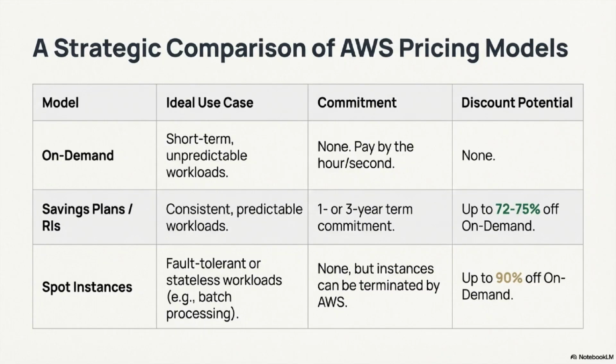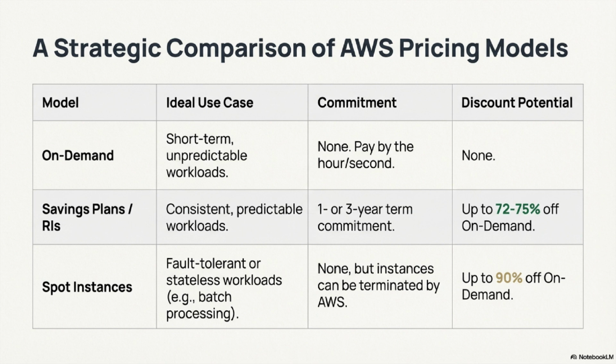This slide provides a side-by-side comparison that is essential for your studies. On-demand is ideal for short-term, unpredictable workloads. There is no commitment, but there is also no discount potential. Savings plans and reserved instances, RIs, are best for consistent, predictable workloads.